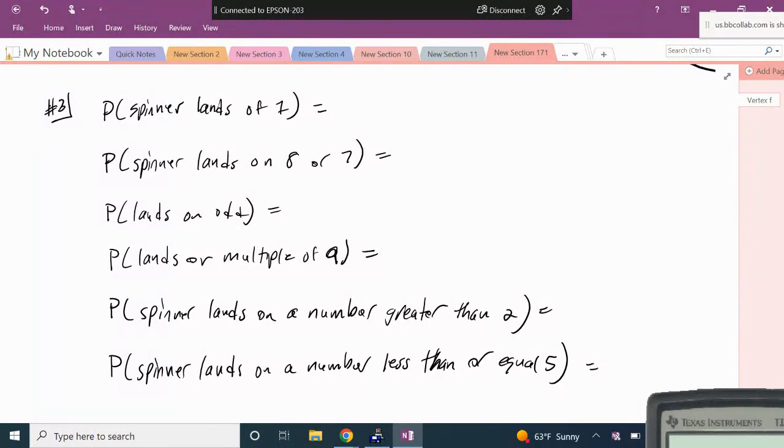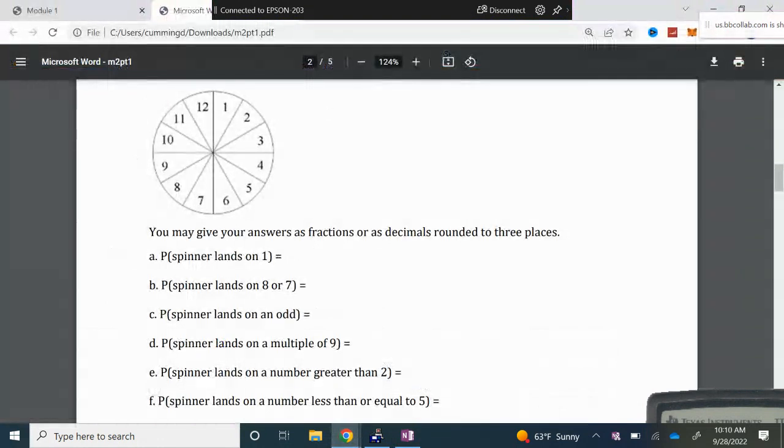All right, so let's take a look at the example. All right, so what would be my base total for this? Well, the base total would be how many numbers are there to choose from. All right, so there's 12 numbers. So the number of ways each event can occur is 12, right? Because there's 12 numbers. So the probability that the spinner lands on 1.